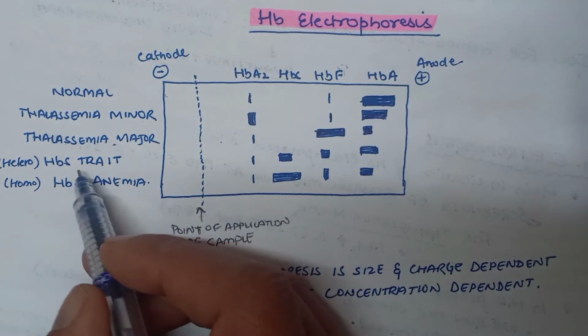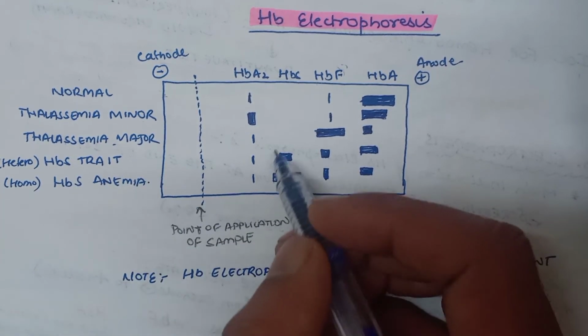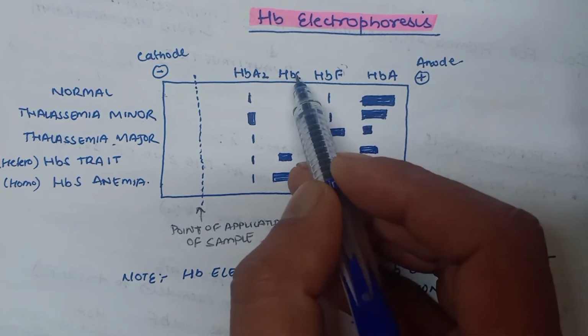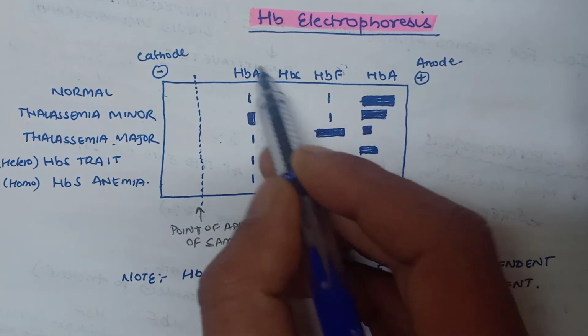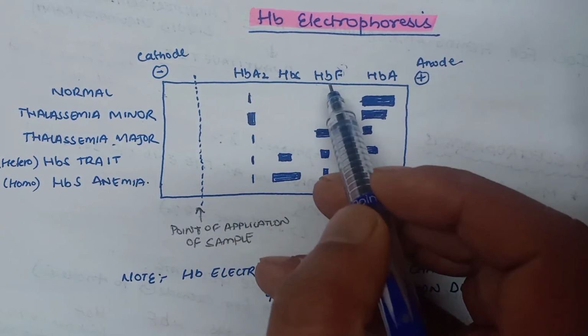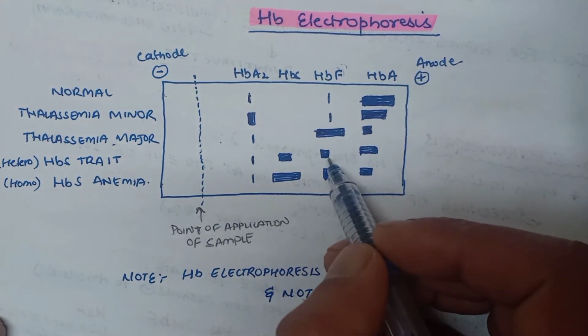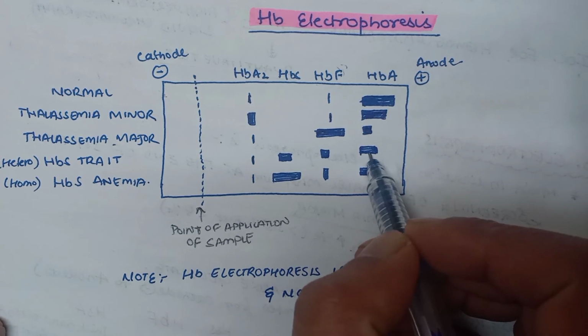Now coming to sickle cell trait, that is HbS trait. HbA2 is normal. Here HbS is introduced between HbA2 and HbF, HbF is slightly increased and HbA is reduced.